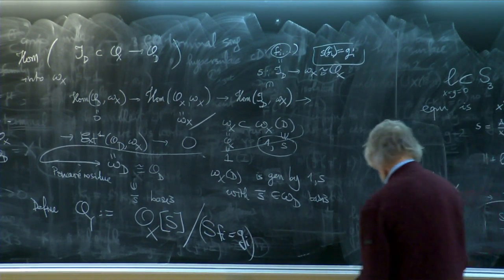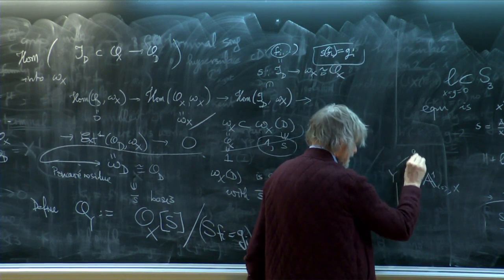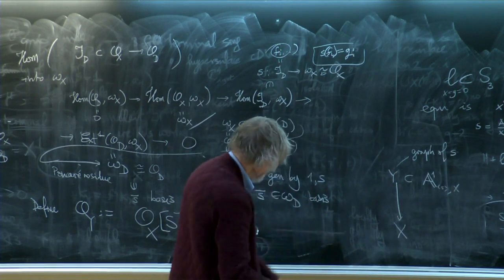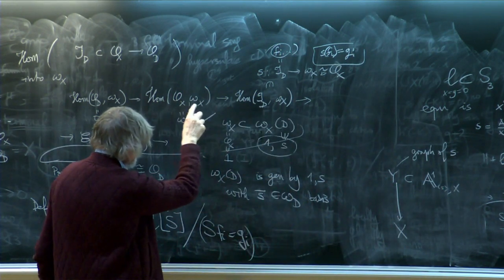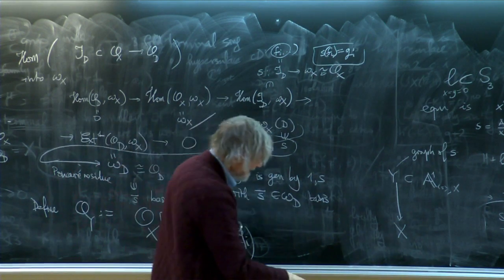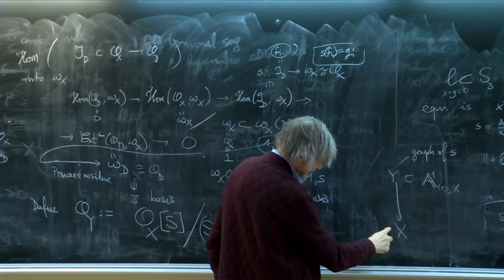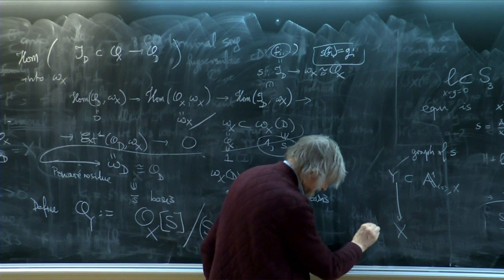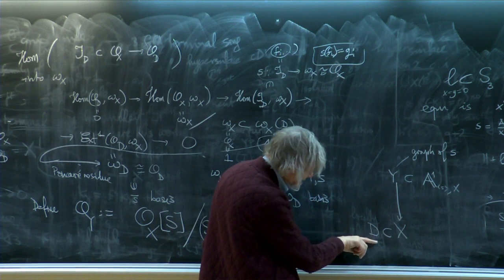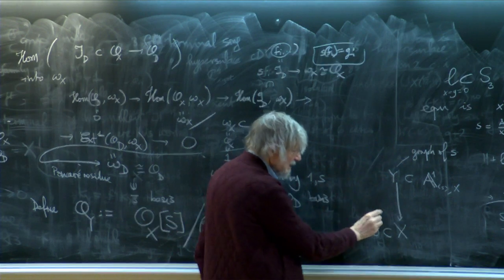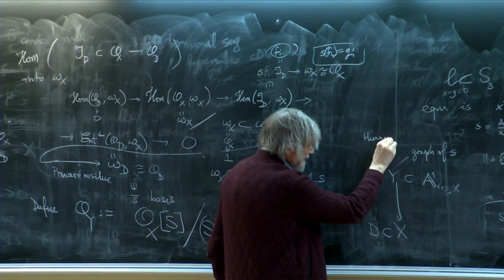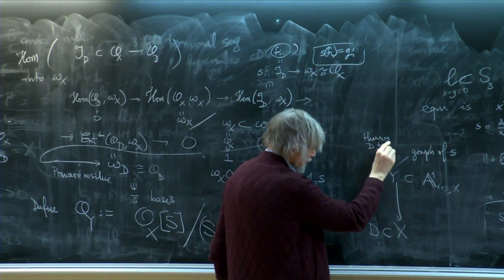And the Y is the graph of S. If I make all these identifications of omega x with OX and so on, then S is a rational function on X, and it's exactly the thing with poles on D. So it's throwing the D away to infinity. It throws D to a point at infinity.